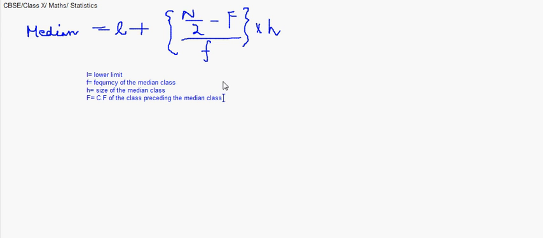We now take up a small example that will help us apply this formula better and understand it as well. Calculate the median of the following data.